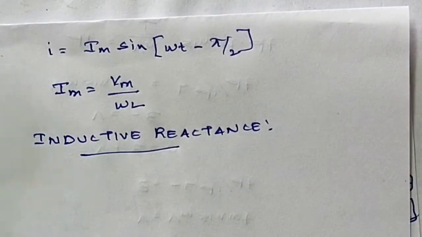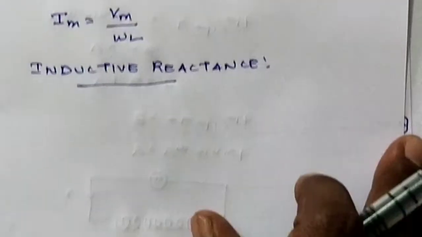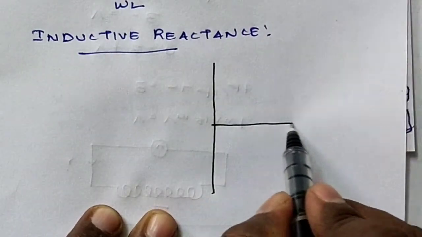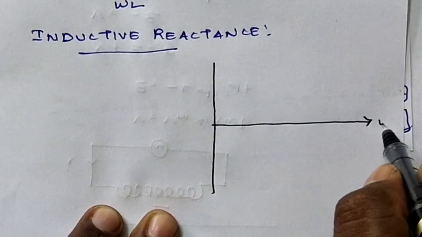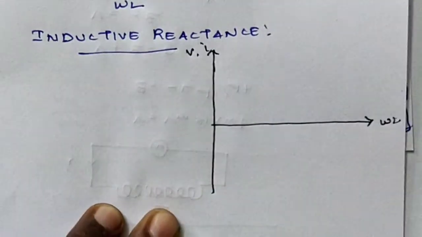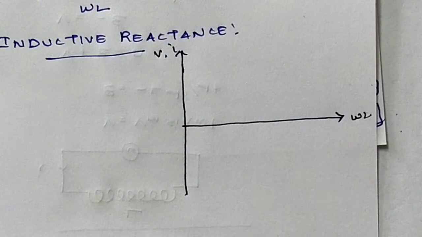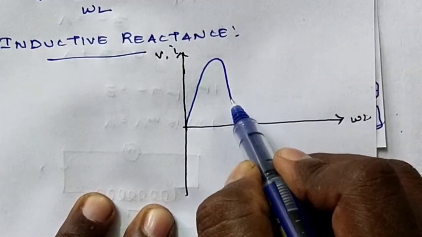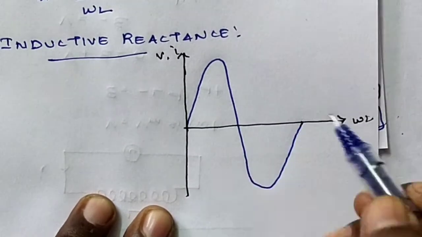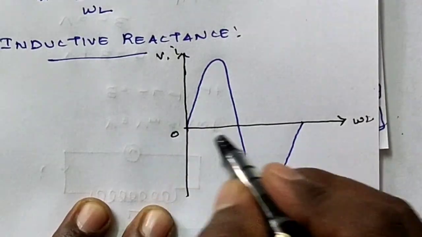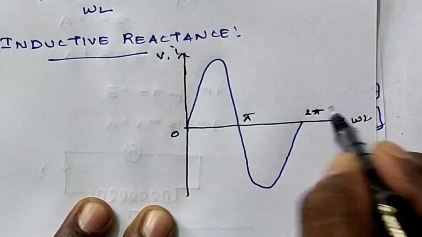Now the diagram of the phase relation between voltage and current. We draw the alternating voltage as a sine wave, with the starting point 0, then pi, then 2 pi.